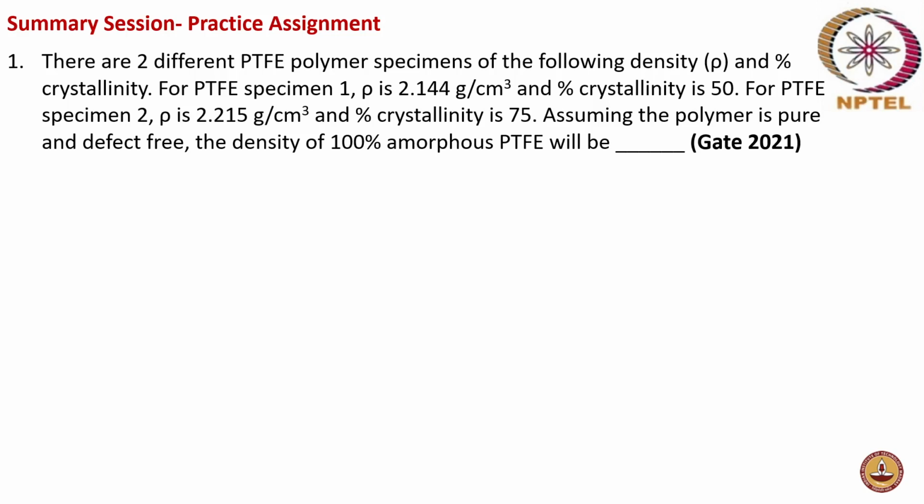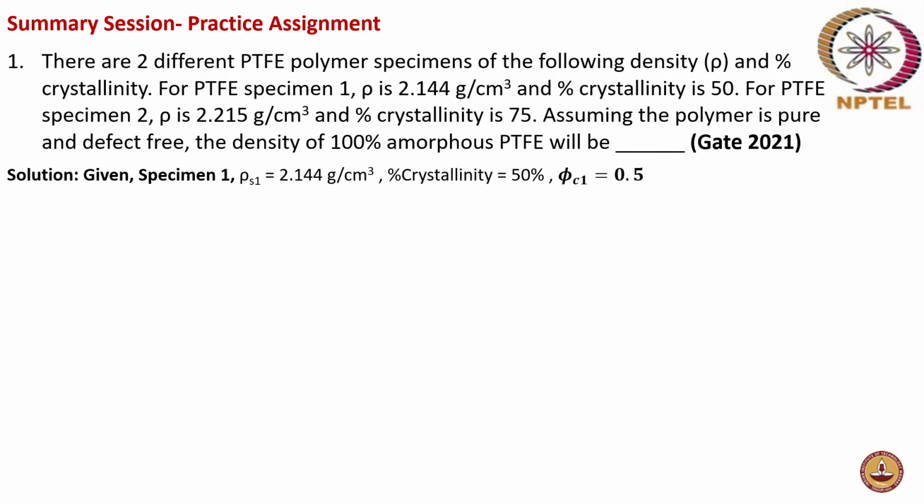This is a GATE 2021 question. So what are the points given? They have given two specimens of PTFE. Specimen 1 having a density of 2.144 and crystallinity 50%. So the fraction of crystallinity is nothing but 0.5.